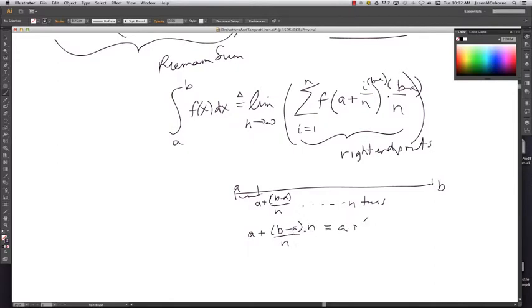You would get a plus b minus a, which would be b, which is your endpoint here. So the fact that I'm using this particular form is the right endpoints formulation. And that is one formulation for the limit equaling this integral here.